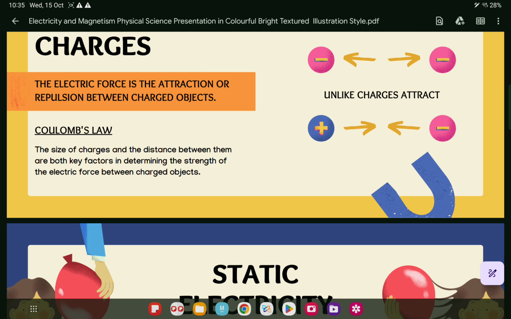That are said by our famous Coulomb. I'll repeat again. One factor is the size of the charges. What charges? The protons and the electrons. Second factor is the distance, how much distance is between the charges. Okay, I think you might be able to correlate these two basic things.